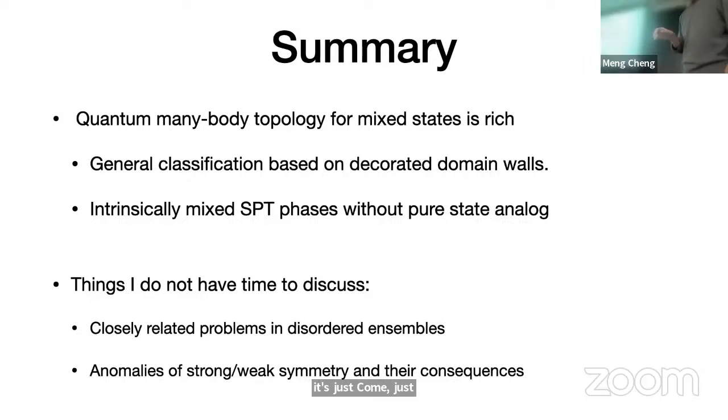Let me say a few words about it. There's a similar story in Hamiltonians with disorder: a quench disorder, an ensemble of ground states. The biggest difference is that in that case, we can formally write the ensemble as a density matrix, but we have a preferred basis for it.